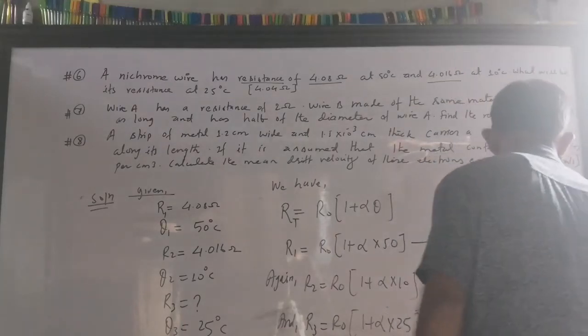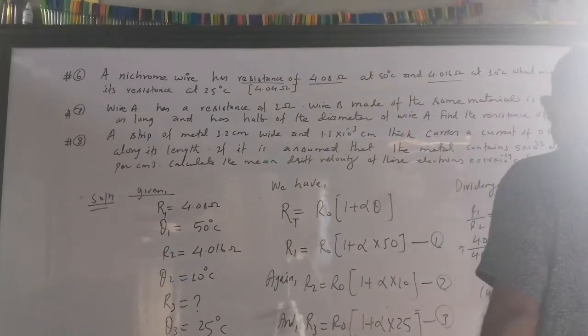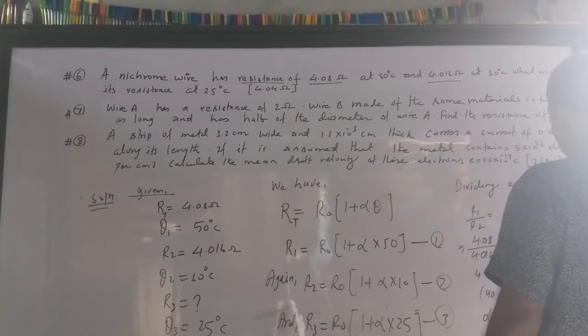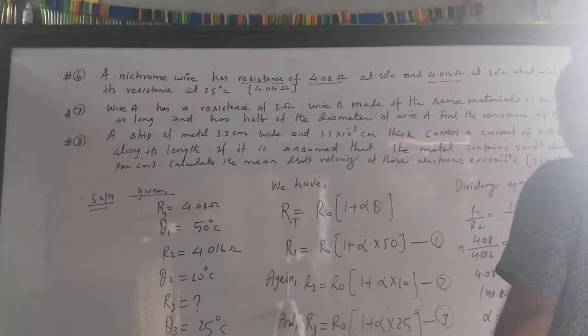And here is 40.8 minus 200.8. I am not using the calculator right now because I have to use the same mobile for shooting, so there might be a calculation mistake, you check yourself, okay.